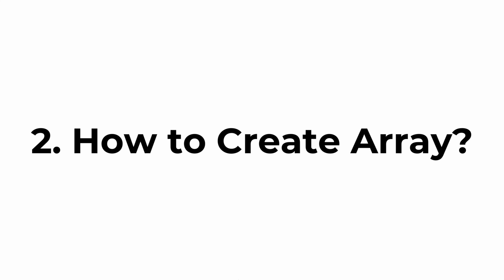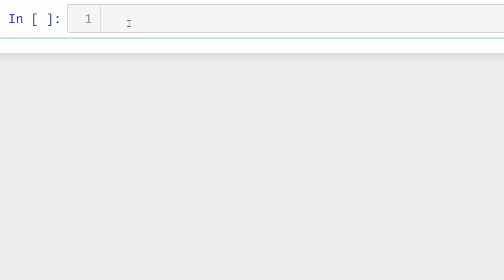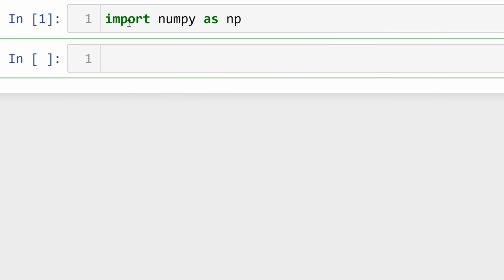There are a few different ways to build arrays in Numpy, and you can choose whichever works best for you. I will show you how to build the following 1 by 5 row array A. A simple way to build the row array is to use numpy array. In Jupyter Notebook, the first step is to import Numpy as npy in order to use the Numpy library.